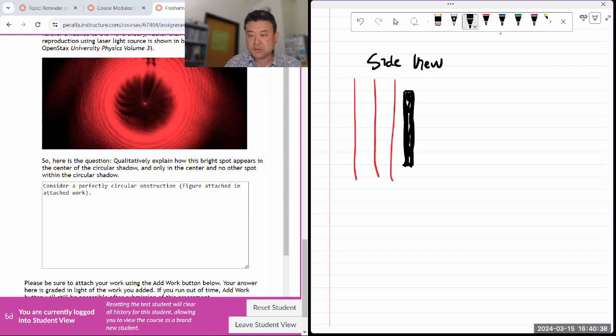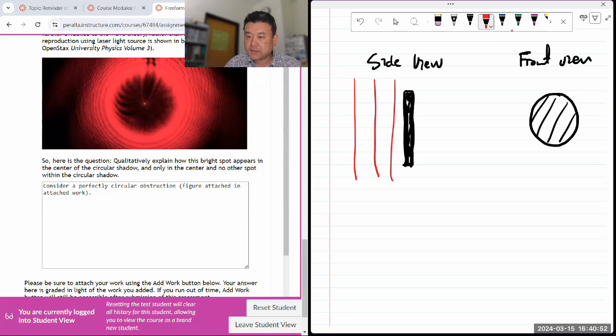You have to imagine the front view, like a perfect circle. With the light incident, you have these points on the edge of the circular obstruction basically acting as sources of waves according to the Huygens principle.